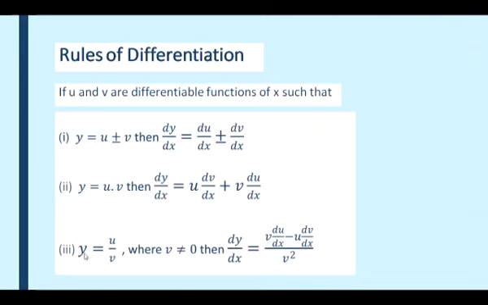So we'll consider y equal to u by v form, where v is not equal to 0. If v is 0, then your given function will not be defined. Over here, I'll consider u as numerator and v as denominator, because many students make a mistake over here about whether we have to take u or v as numerator or denominator.